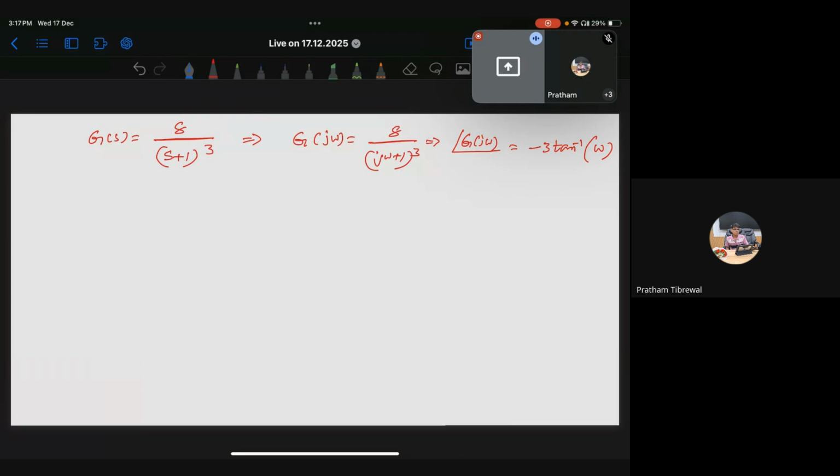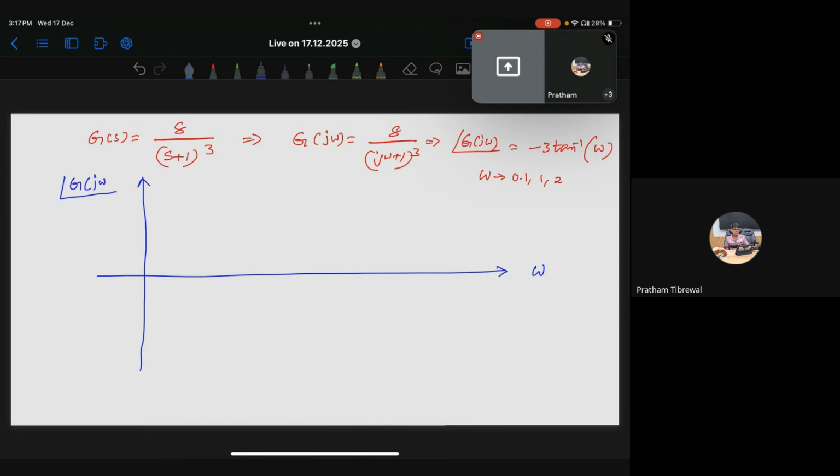Similarly, you can find these three values at omega as 0.1, 1 and 2. We can plot it as angle of G of j omega, with 0.1, 1 and 2.